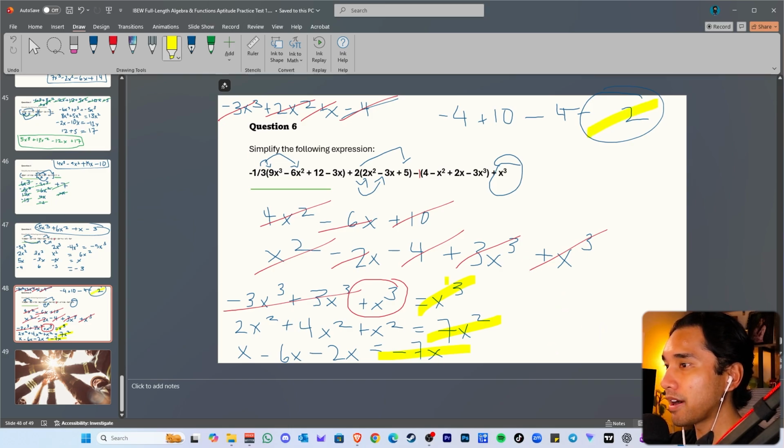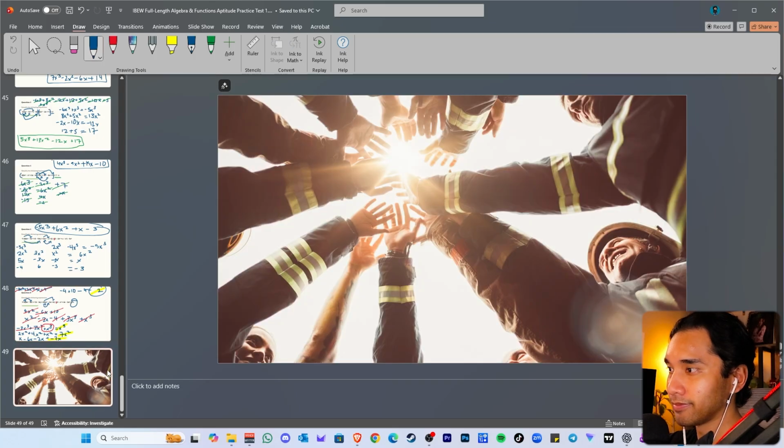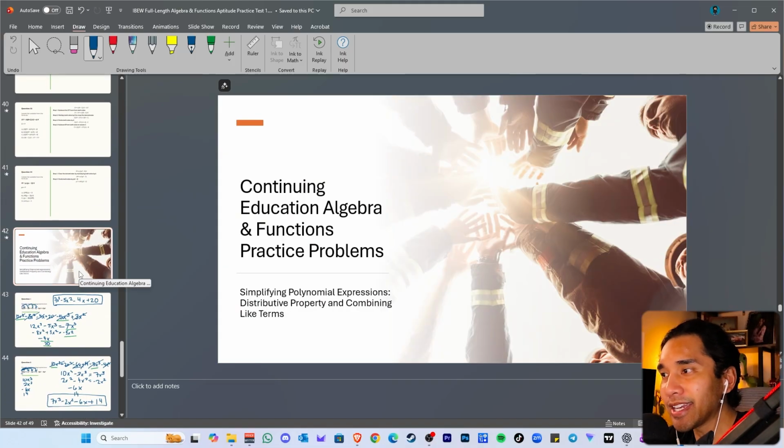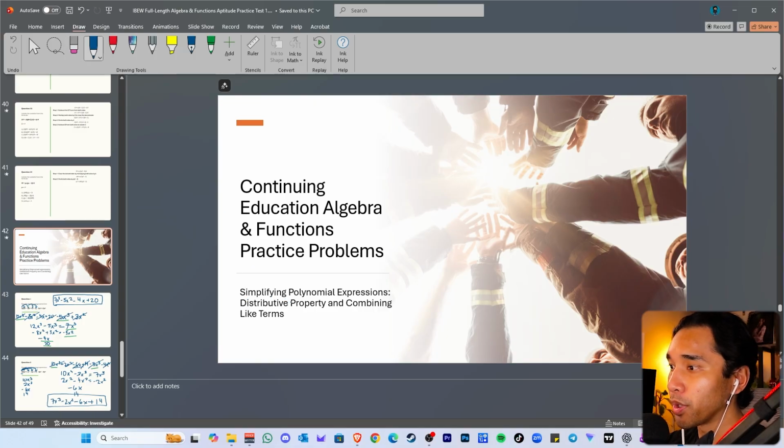I'm not going to write it down because I don't have any room, but there you have it. We have completed the continuing education algebra and functions practice problems, questions 1 through 6. And this was about simplifying polynomial expressions, distributive property, and combining like terms.